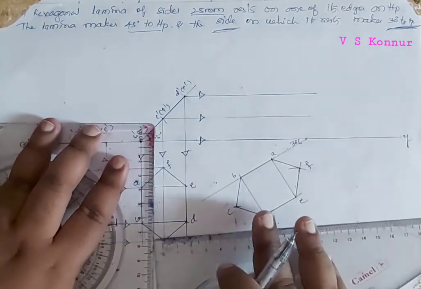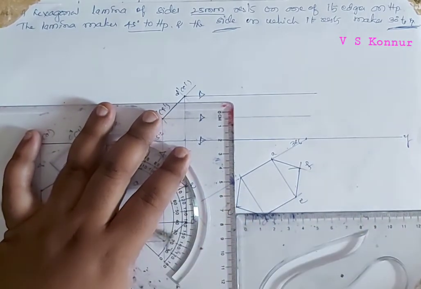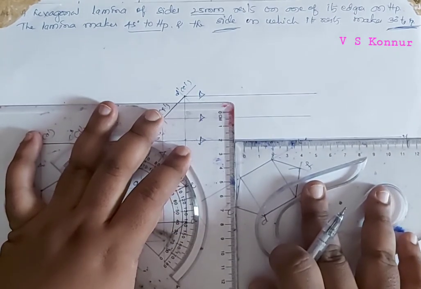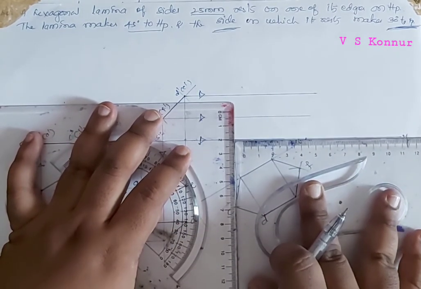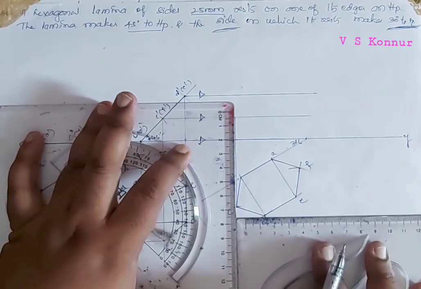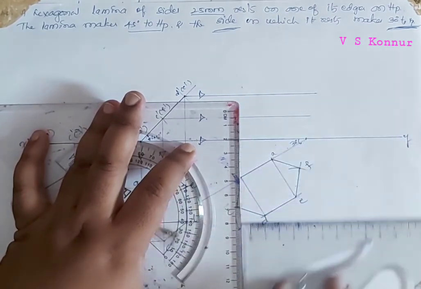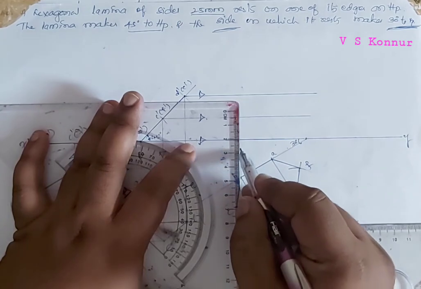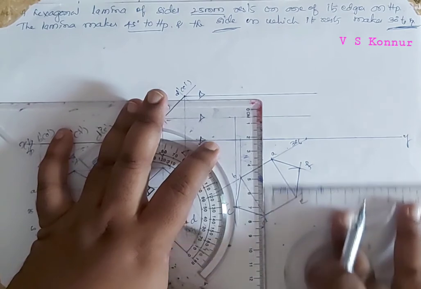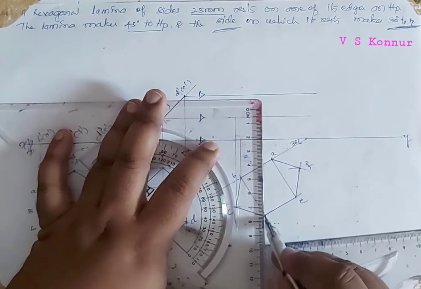Then we'll draw projectors from these points. From C point till it intersects C, and then B point till it intersects B point, then D point, D point intersects.